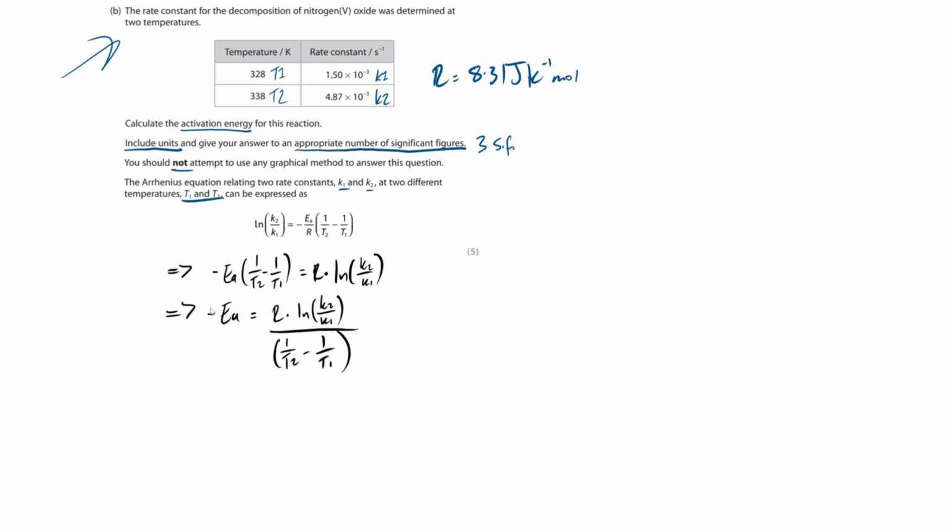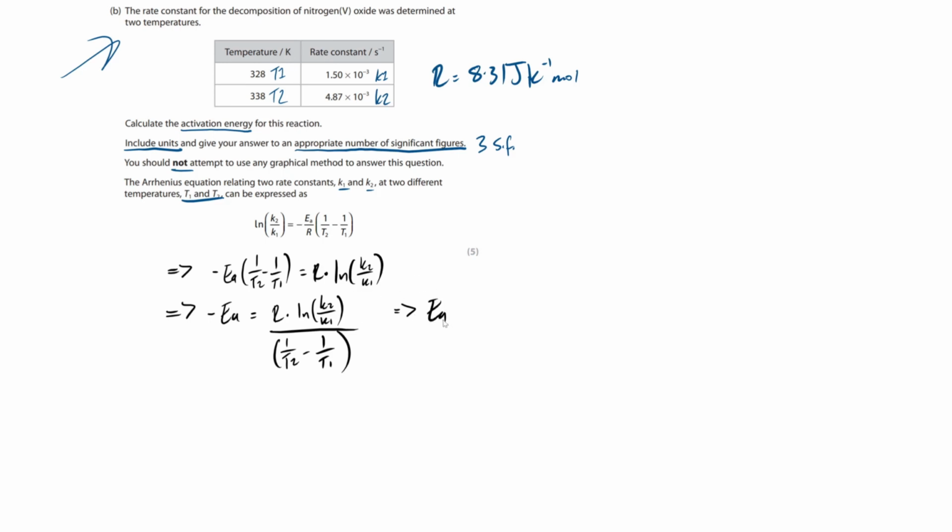Now, alternatively, you can skip a step here and you can actually get rid of this minus and make this a minus. Hopefully that makes sense. And I'm going to jump to that straight now in our calculation. All I'm going to do is, because we've now made activation energy the subject, I'm just going to input our values from the data table and our data sheet here and chuck it into our calculator then.